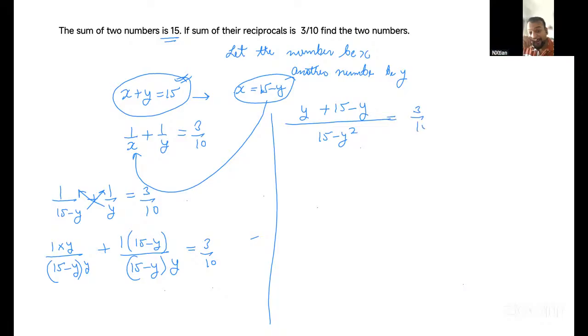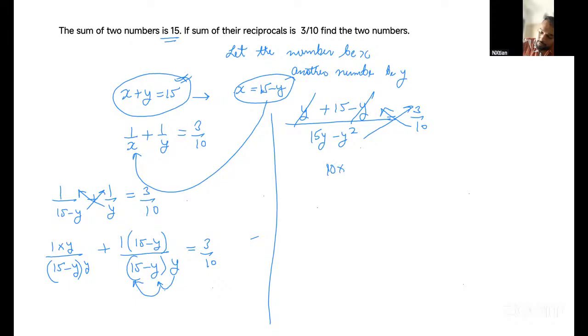Okay, now you understood what I did? See, I made the denominators the same. Because both the denominators are the same, I multiply this y into both the terms inside it. So y into y is y square, and y into 15 is 15y. Now this plus y and this minus y will cut, and again we cross multiply.